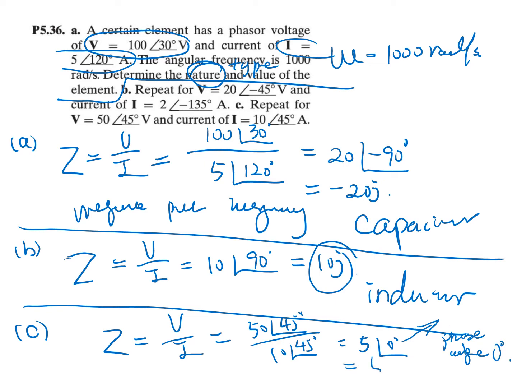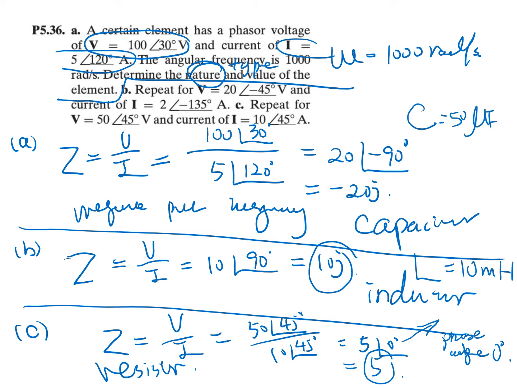And that's a pure real number. So we know this element is a resistor. For question A and B, we can also calculate the capacitance and inductance value. For the first question, that is 50 microfarads. For the second one L is equal to 10 millihenry.